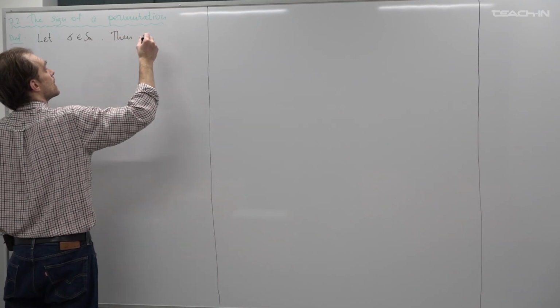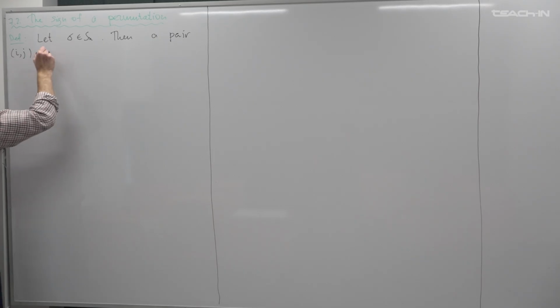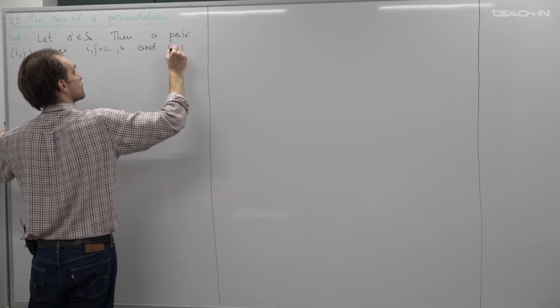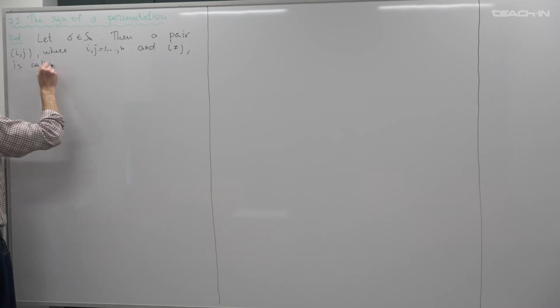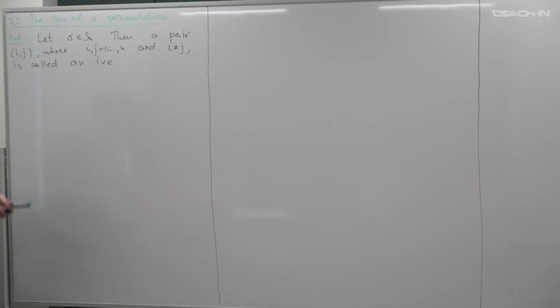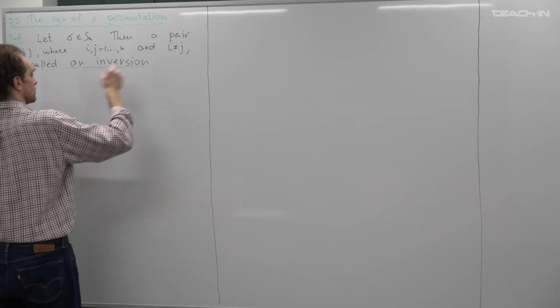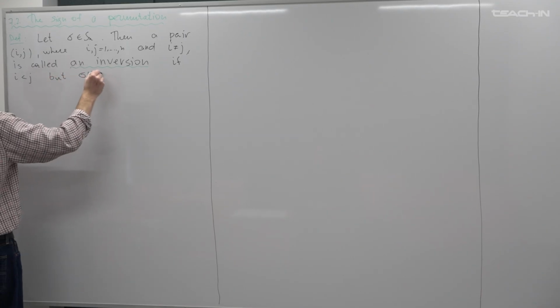Then a pair i, j, where both of them are from 1 to n, and i is different from j, is called an inversion if j is greater than i, but sigma of i is greater than sigma of j.